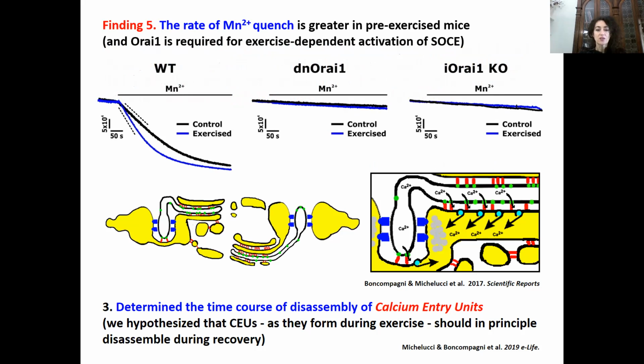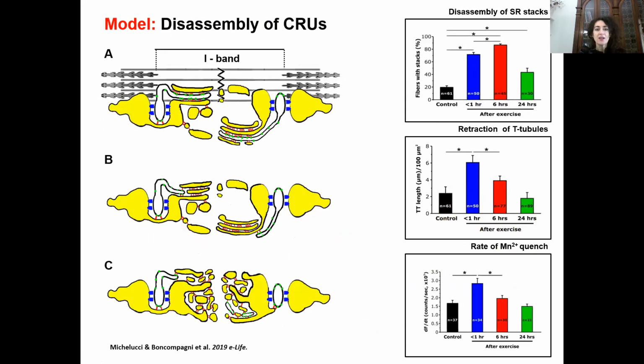In the second set of experiments, we determined the time course of disassembly of calcium entry units. So we hypothesized that calcium entry units, which assemble dynamically during exercise, would disassemble following recovery. And the results of these experiments are summarized in this slide.